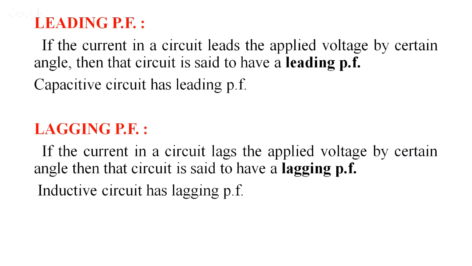So the current has to lead the applied voltage. We have just studied all the different types of circuits. The current leading the voltage happens only in a capacitive circuit. Therefore a capacitive circuit has leading power factor.